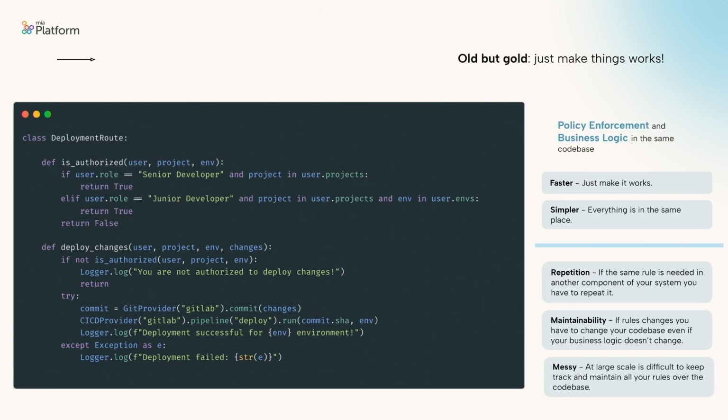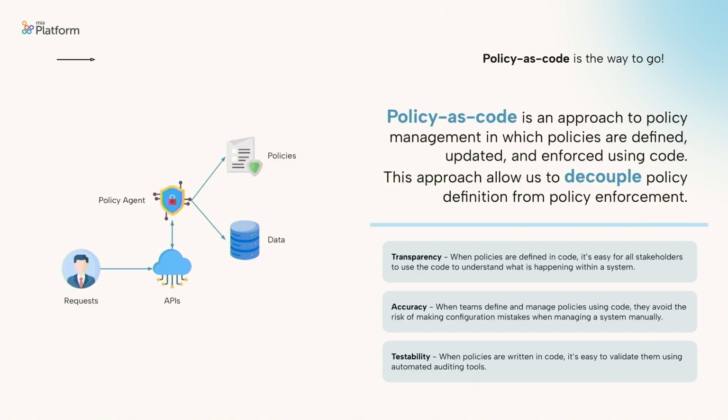That, of course, is actually faster and simpler, but you may face issues like repetition, because if specific policies need to be used in other components of your system, you need to repeat it, and you may face issues like maintainability, and it could become a big mess.